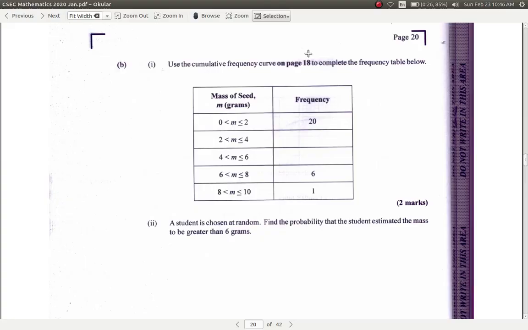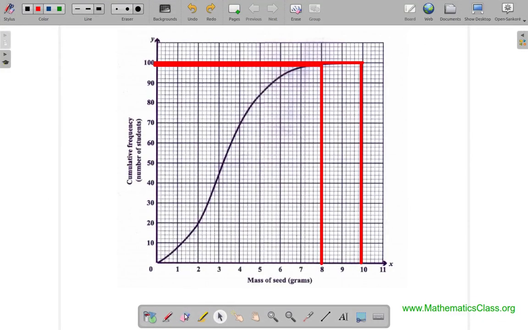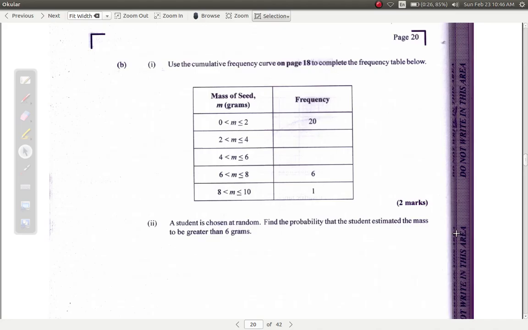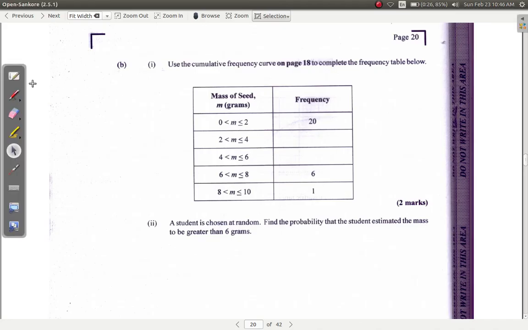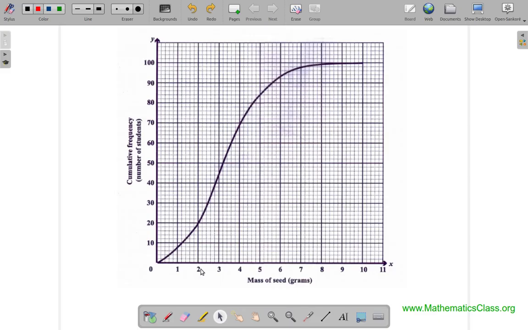So let's see what we're going to do with this now. Let's erase what we did here, and then here now 2 to 4, between 2 and 4. M from 2 to 4 would represent this area. Let's project up from 2 to the curve, then project from 4 up to the curve.